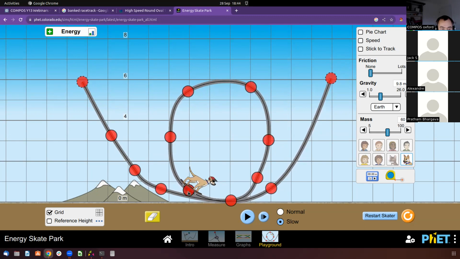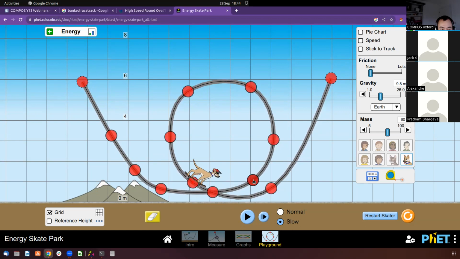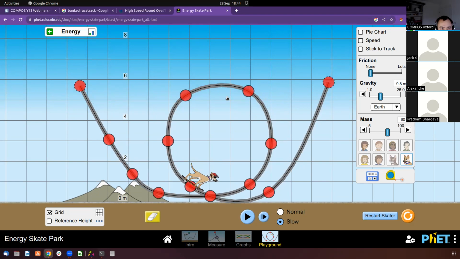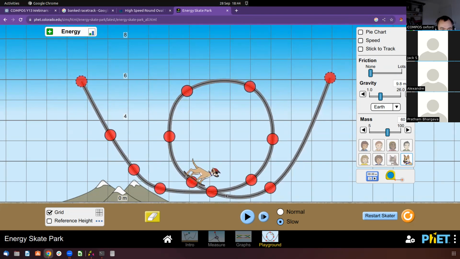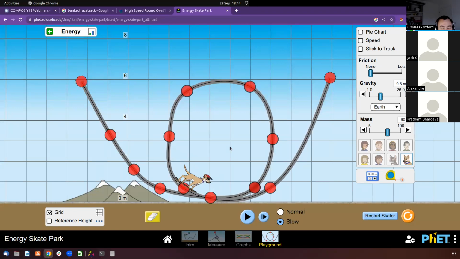This might not work because it's not a perfect circle, but hopefully it does. The radius of the loop is 3, and 2.5 times 3 is 7.5. So we need to release the skater from 7.5 meters. Fingers crossed.